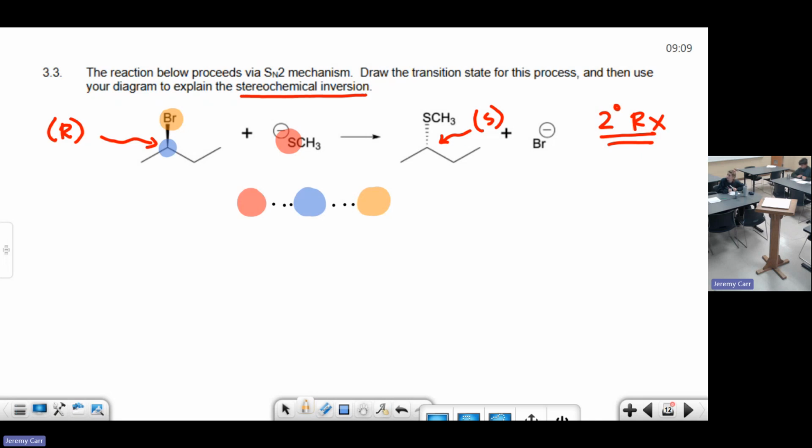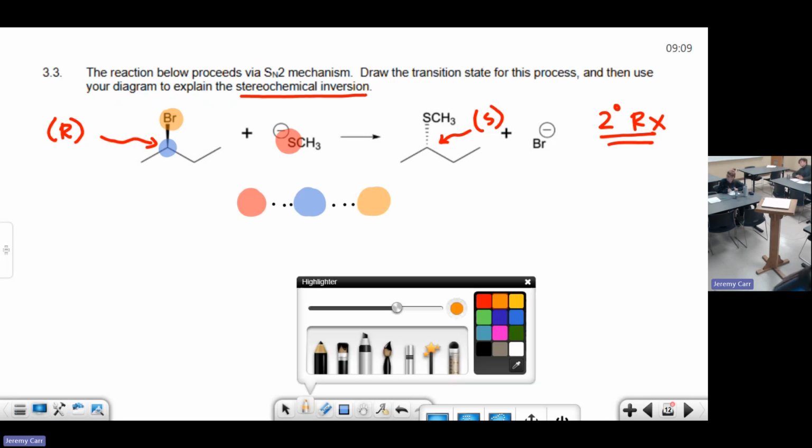All right, so how do we actually show that? Well, this is the tricky part. You have to draw this somehow showing that you have your sulfur, carbon, and bromine all in alignment with each other. So start from that point. I like to draw my nucleophiles on the left-hand side.